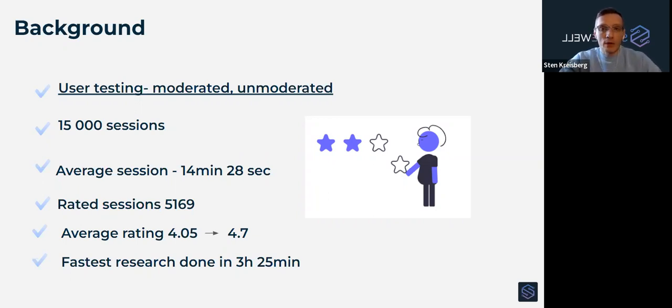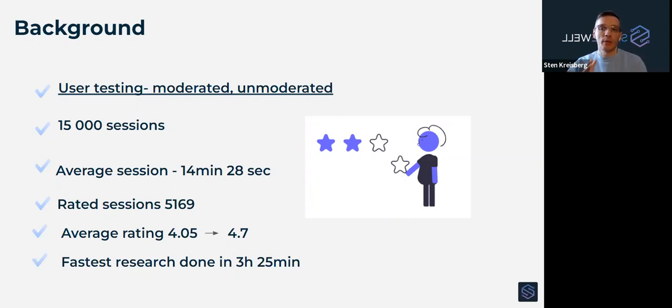From our database, we know that the average session is around 40 minutes, some seconds on top of that. In our database, there is also the possibility to rate your sessions. If I launch a test, I get the sessions back, and then I can rate whether they were useful or not.